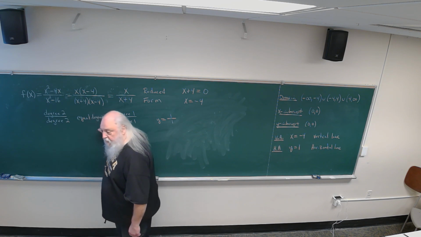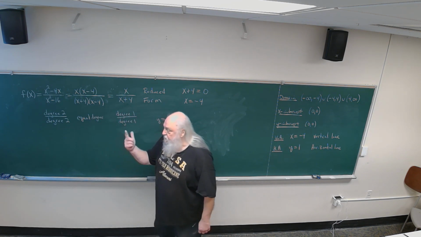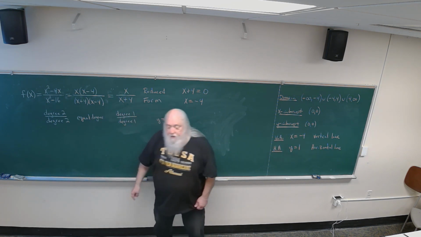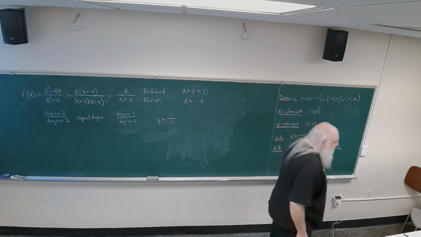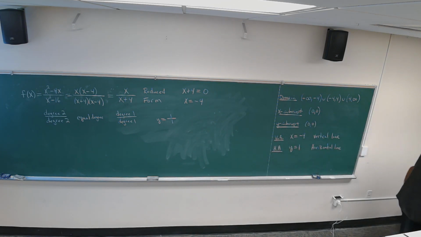They're of equal degree. So the graph of this rational function does not have a slanted asymptote. So in the blank on page 5, where it says equation of the slanted asymptote, you just write none, okay? Because they're of equal degree.